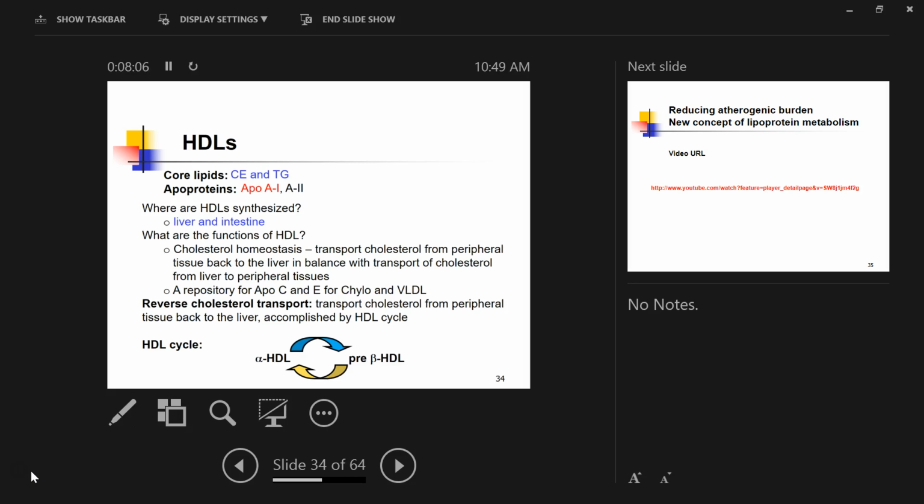In our body, we have two different types of HDL, called alpha HDL and pre-beta HDL. These two can be interconverted, right? And the main difference between these two types of HDL is the core lipids, right?